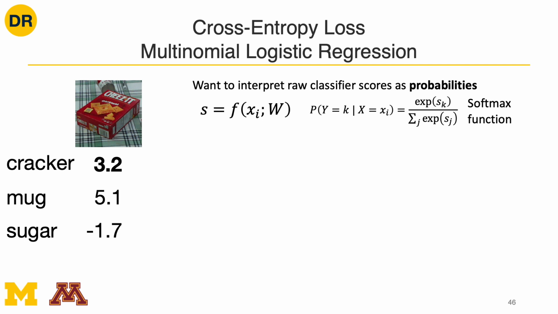So let's say that we have this score function, s is equal to f of x sub i comma W. What we're going to use to define the probabilities from those scores is what's called the softmax function.